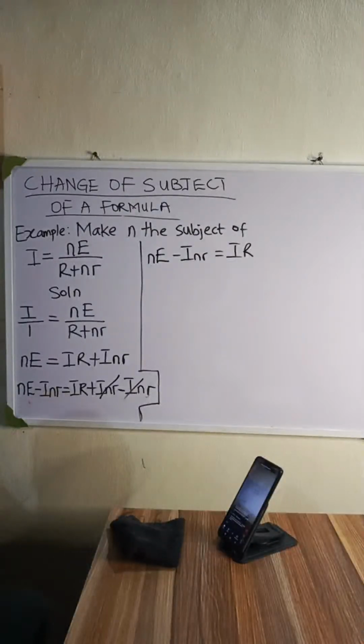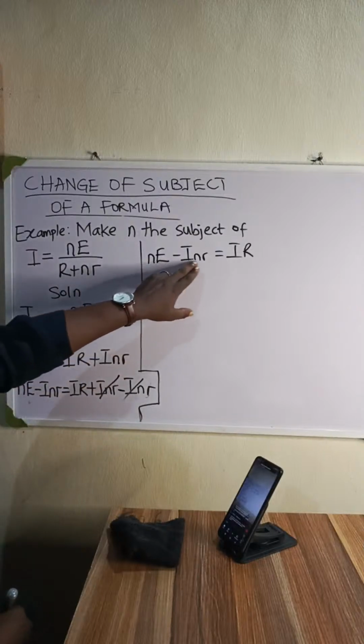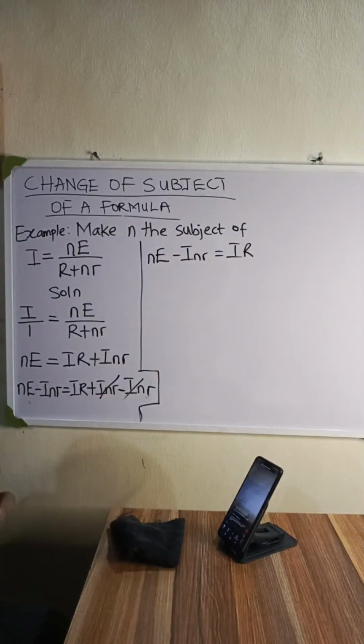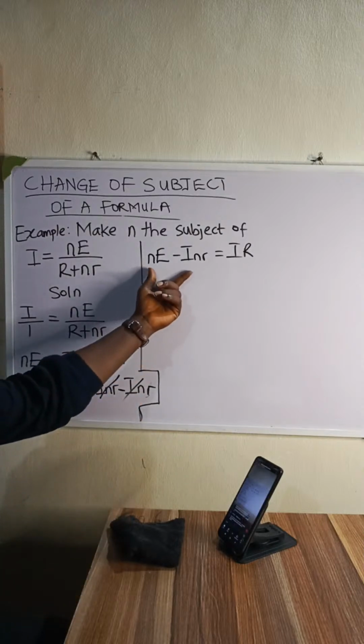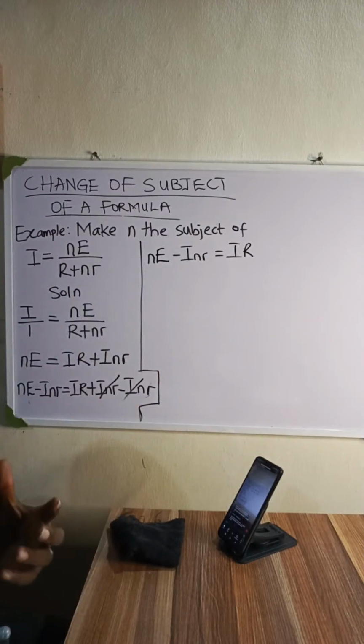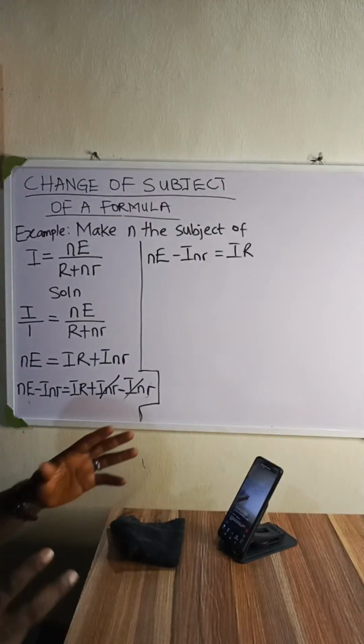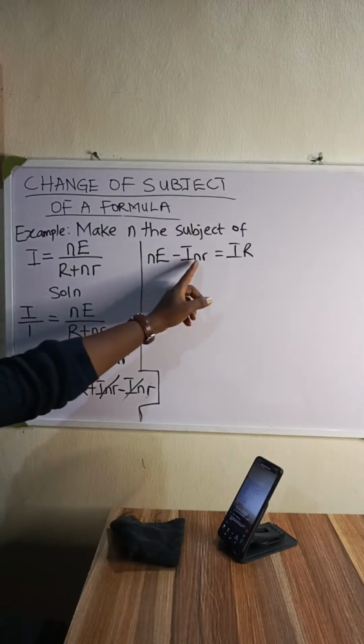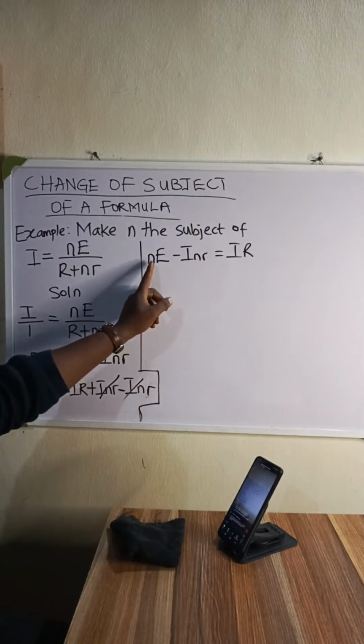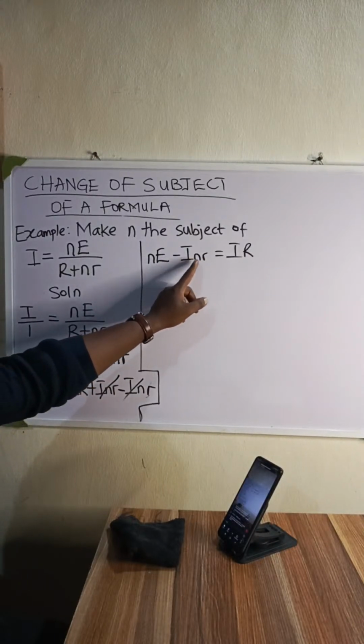Okay, but now we have two values of n here. In our previous lesson, we learned about factorization of algebra. Whenever you have an expression like this, you can factorize by bringing the common values together. What is common between ne and inr?